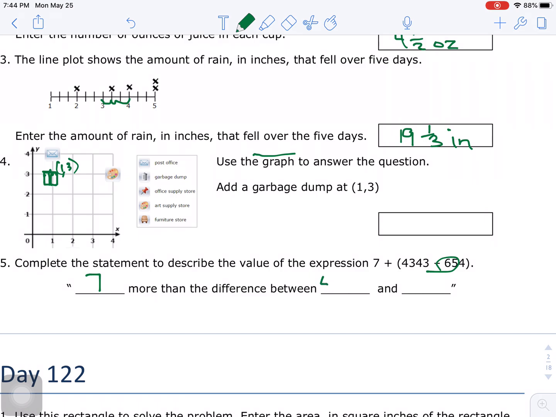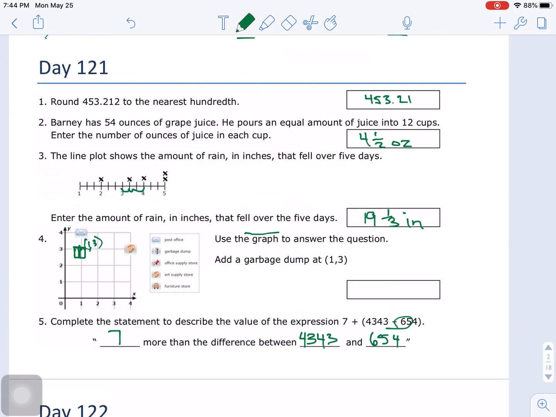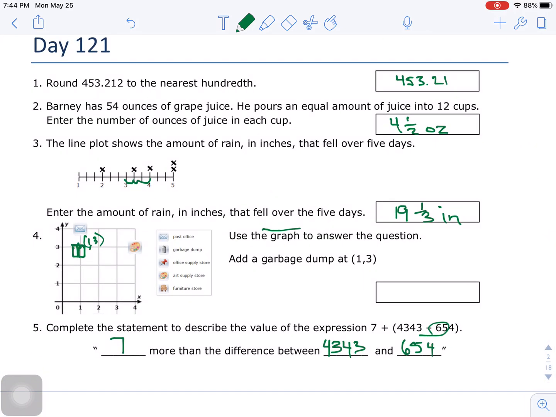And we're going to write what is being subtracted. And in this case, we're subtracting 654 from 4,343. So there we have day 121.